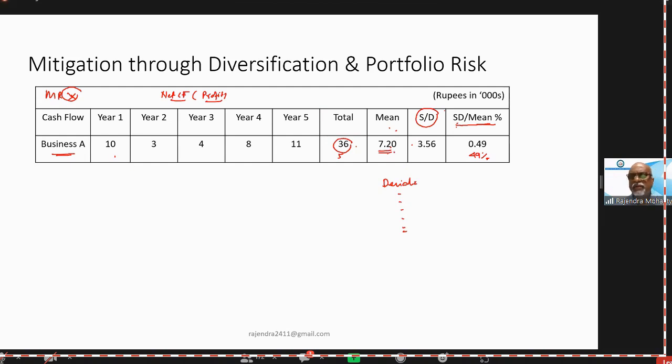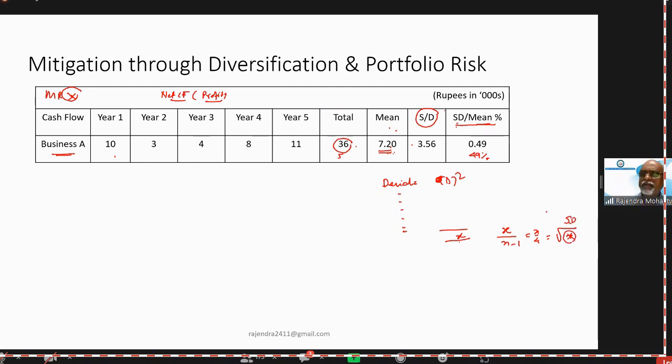So 10 minus 7.20, 3 minus 7.20, whatever is coming. Then square the deviation, so d square. Then add these. Then whatever amount x is there, x divided by n minus 1. So there are 5, meaning x divided by 4. And the square root of whatever amount comes is the standard deviation.